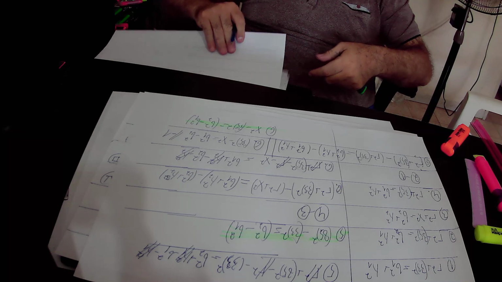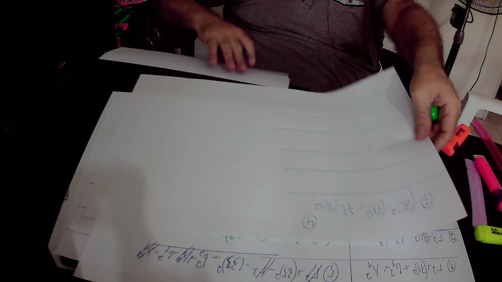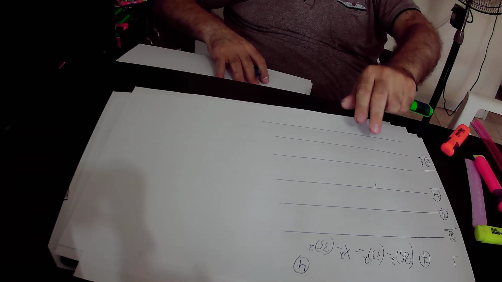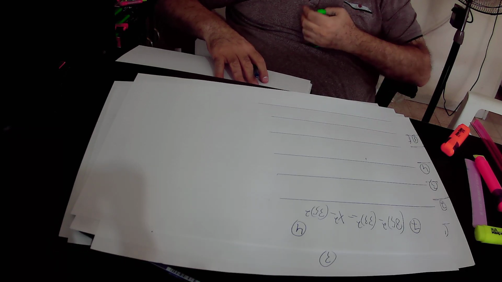So we found out that according to equation number 7, 85 squared minus 33 squared equals to x squared minus 35 squared.